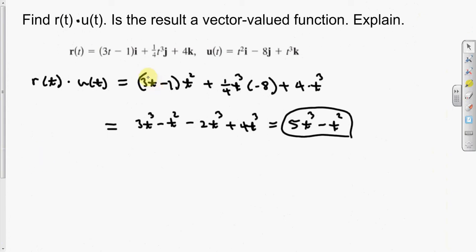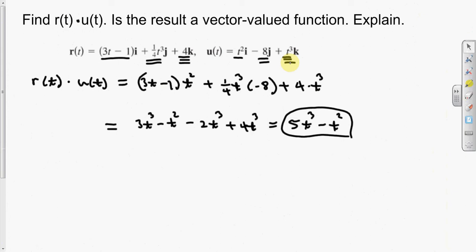I'm going to underline what we're multiplying for the first parts. This is the i part times the i part over here. And then for the j's, I'm going to multiply those terms together. And then for the k's, multiply those terms together. They're separated by a plus sign.